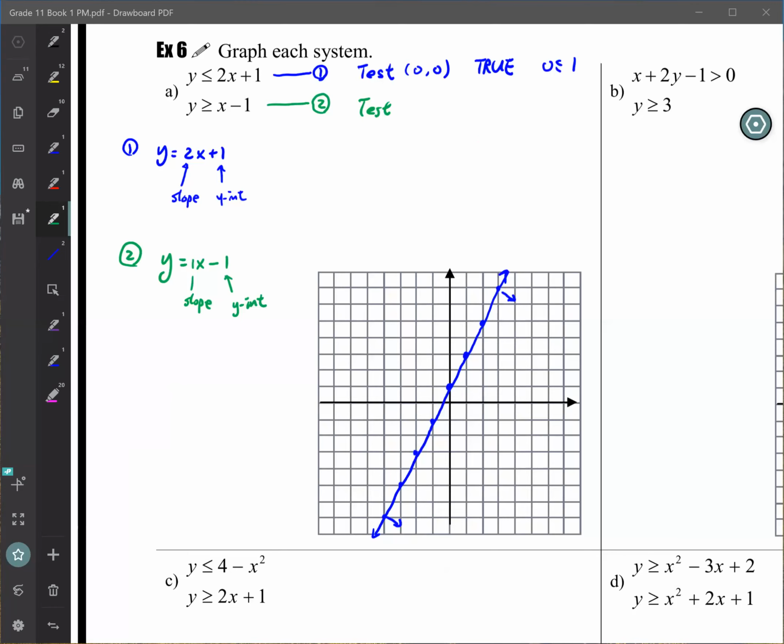Okay, let's check the line. -1 is our y-intercept. Slope is up 1, right 1, right? So it looks like this. Okay, Colin's back. Solid line.